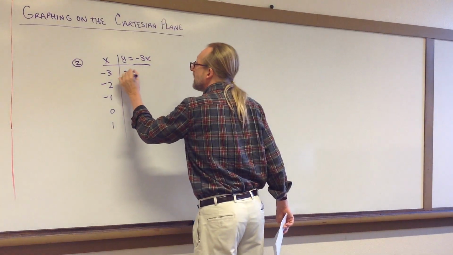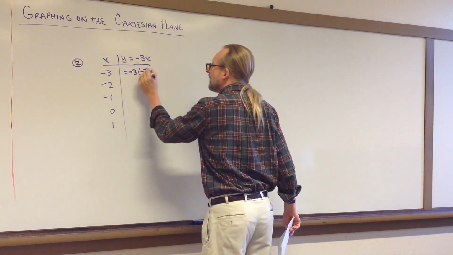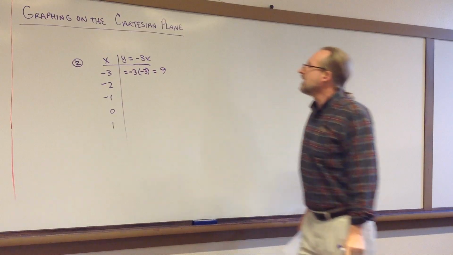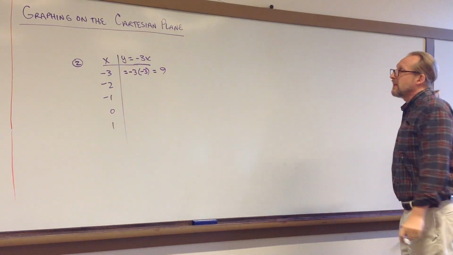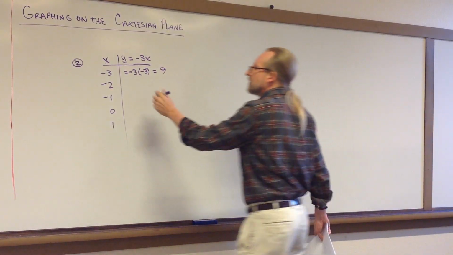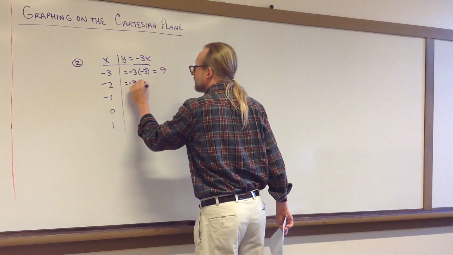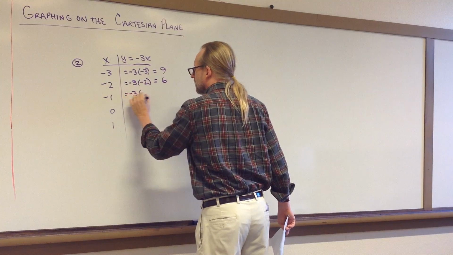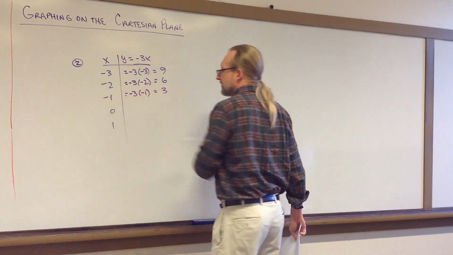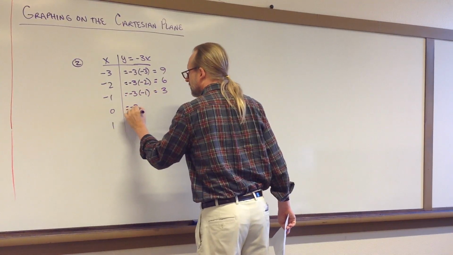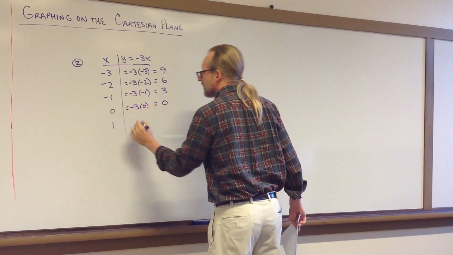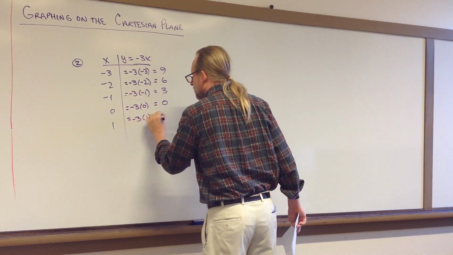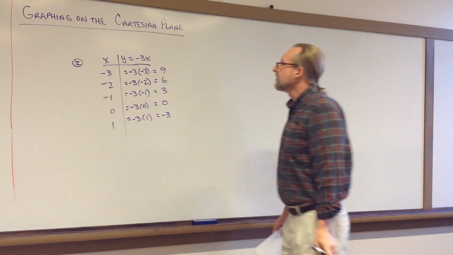So this will be negative 3 times the x value, which is also negative 3, and so the y value there will be positive 9. And we're just going to do this for all these x values. Negative 3 times negative 2, positive 6. Negative 3 times negative 1 is positive 3. Negative 3 times 0 is 0. And negative 3 times 1 is negative 3.